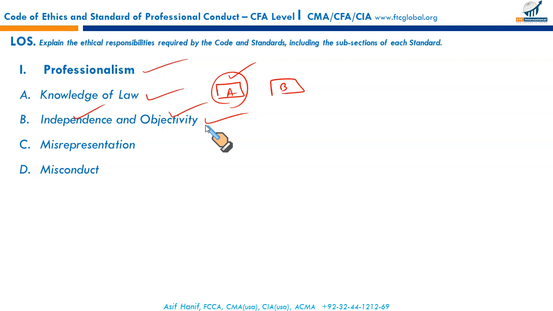So you must not offer, you must not accept any gift, any benefit, any compensation, any consideration that may compromise your independence and objectivity, or that may compromise someone else's independence and objectivity. So don't offer or accept, don't solicit any gift, benefit, or compensation that may compromise your objectivity and independence, or that may compromise someone else's independence and objectivity.